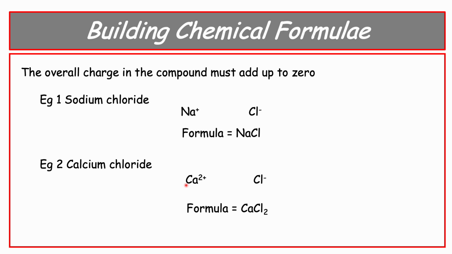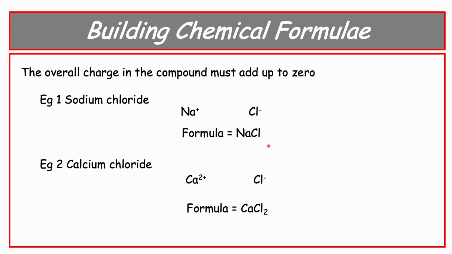This CaCl would be very unstable because it would have an overall positive charge and it would be unbalanced. Okay, so it needs to be CaCl2. Now I just want to reiterate what the chemical formula tells us to address some misconceptions that will arise later on in the topic.